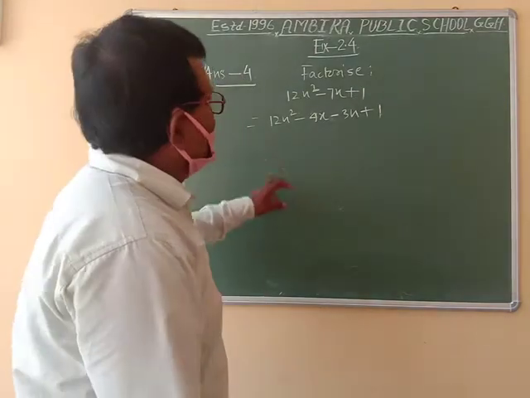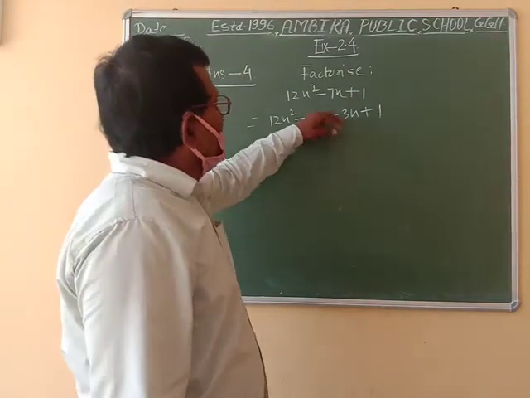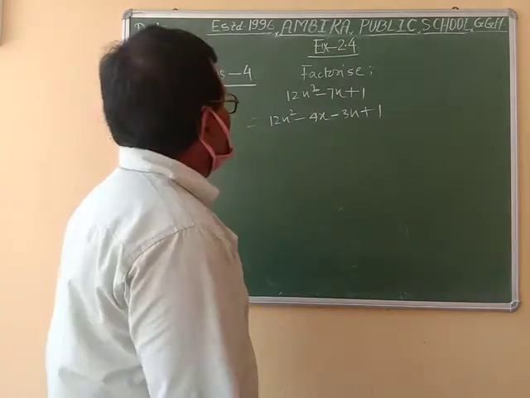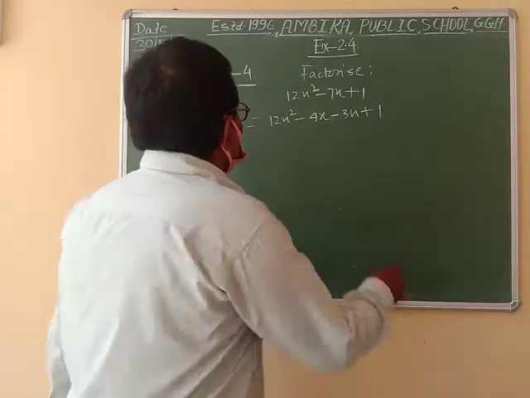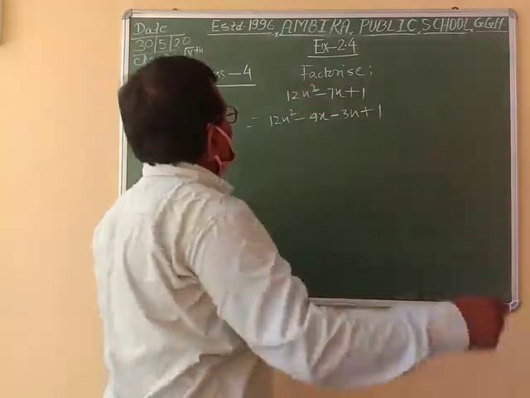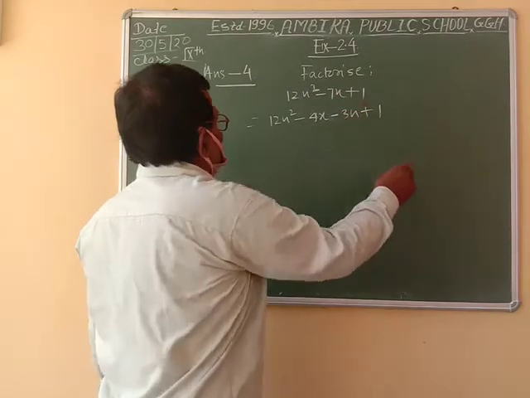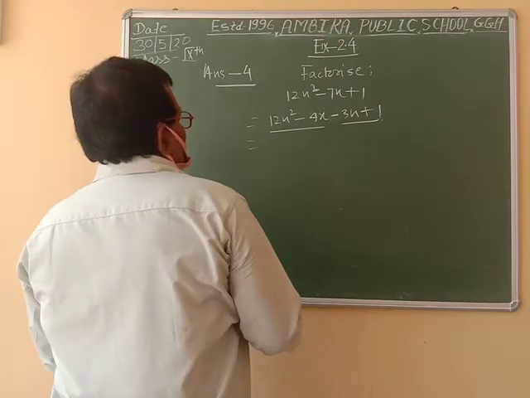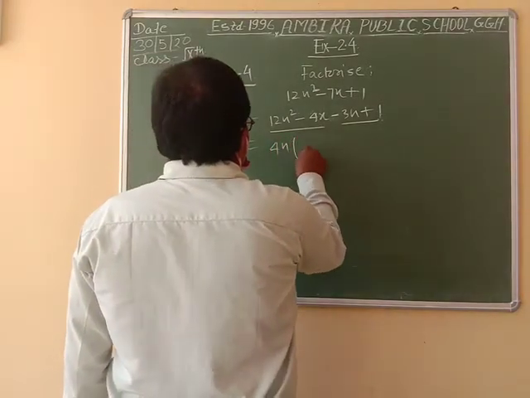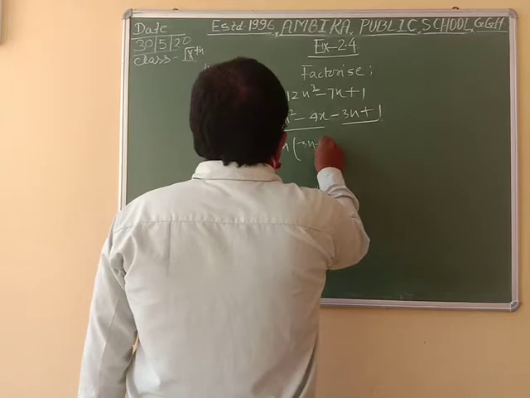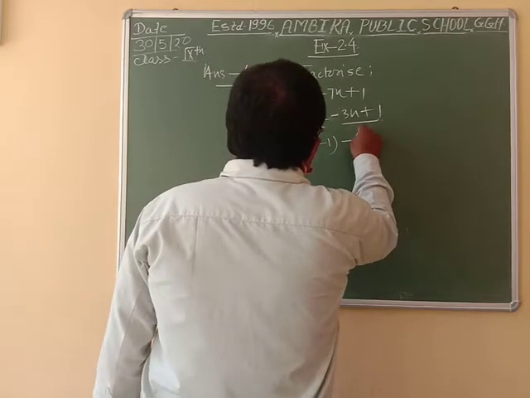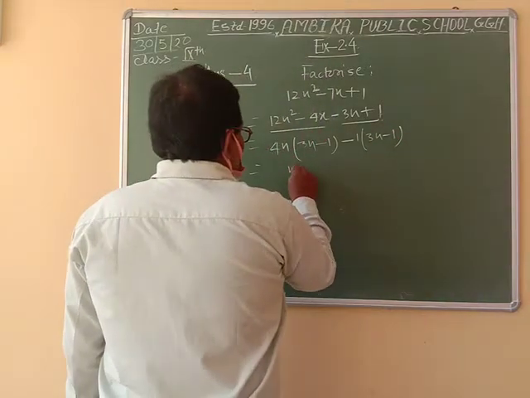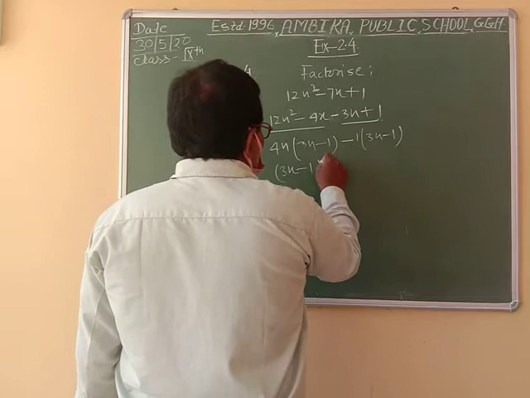If we add minus 4x plus minus 3x, we get minus 7x. And if we multiply 4x by 3x, we get 12x square. So the factors of 12x square are minus 4x minus 3x plus 1. And taking common 4x, we get 3x minus 1, and taking minus 1 common, 3x minus 1. So 3x minus 1 into 4x minus 1.